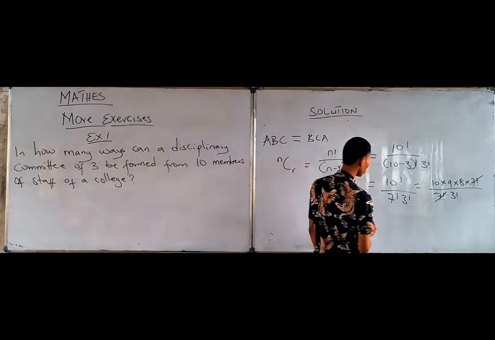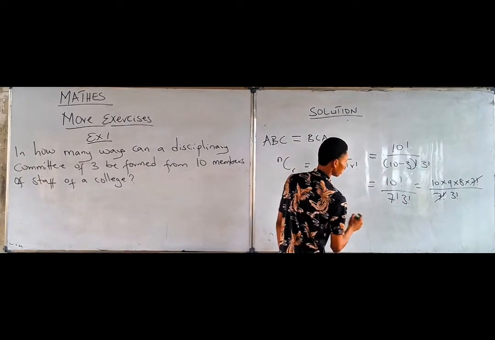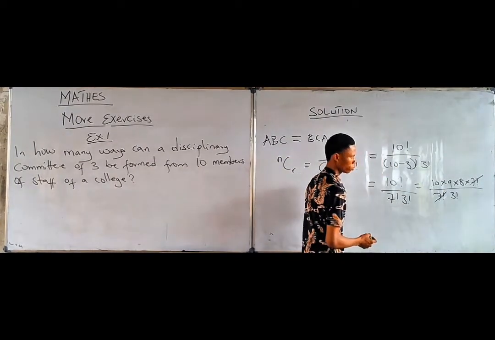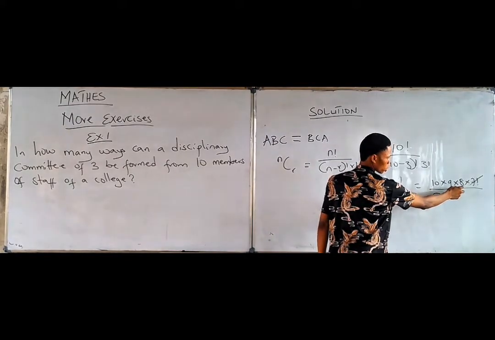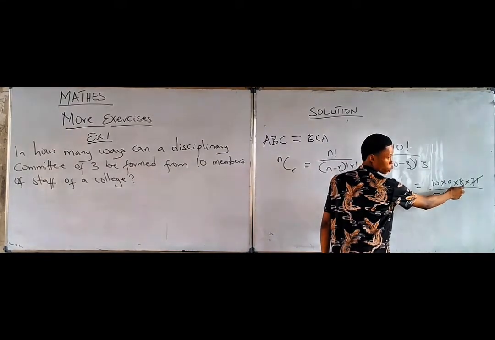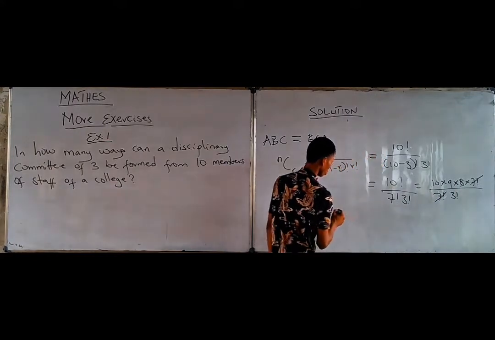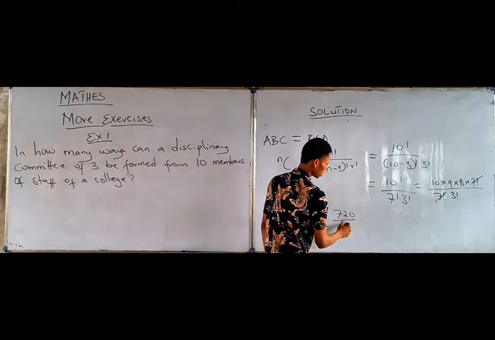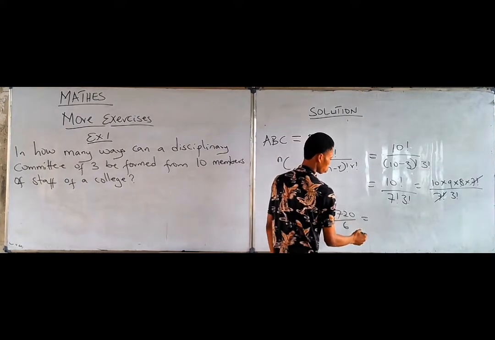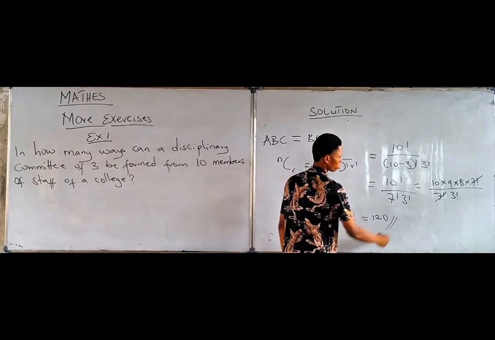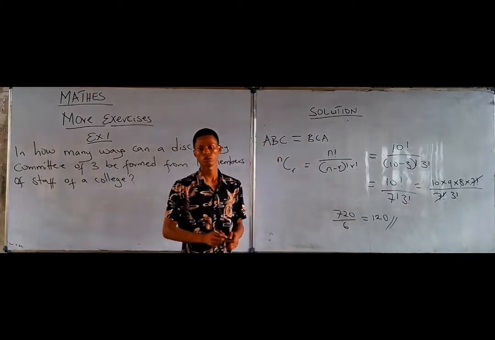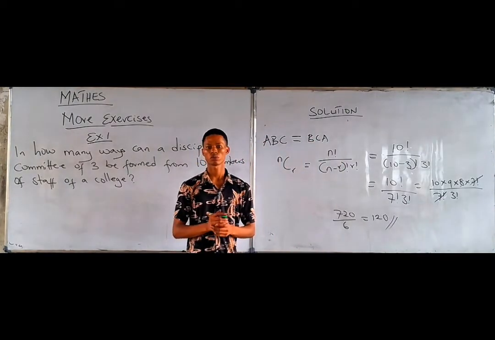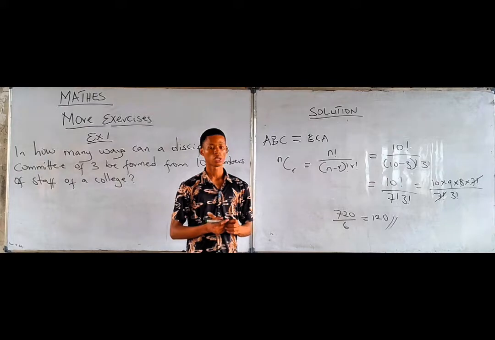So we'll be having 9 times 8 is what? 72. 72 times 10 is what? So 720 all over 3 factorial. 6, right? So this will give us what? 120. That's all. Any question?